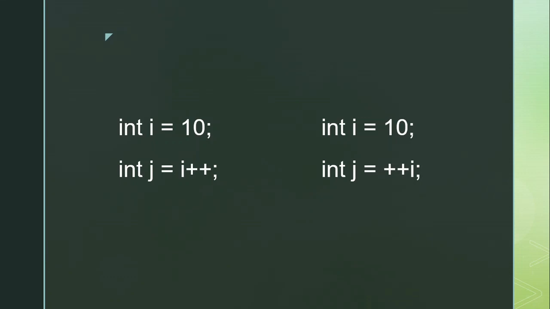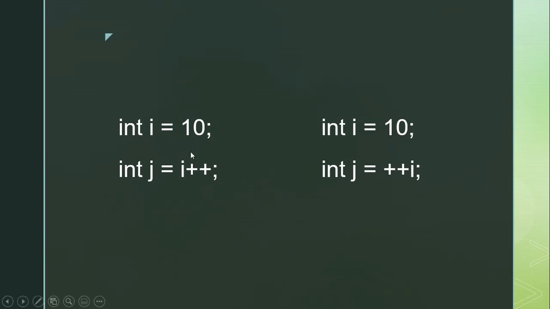So on the left, j would be 10 after the code is run, and i will be 11. In the code on the right, the values of j and i are both 11, since the value of i is first incremented by 1 and then saved to j.